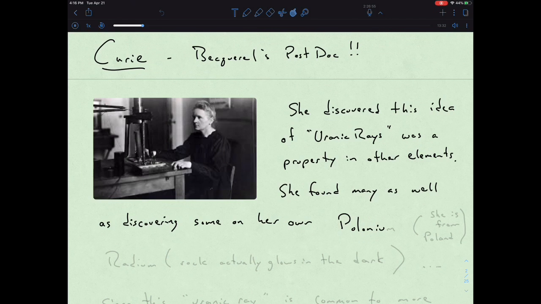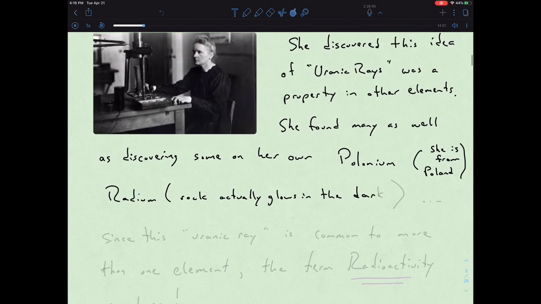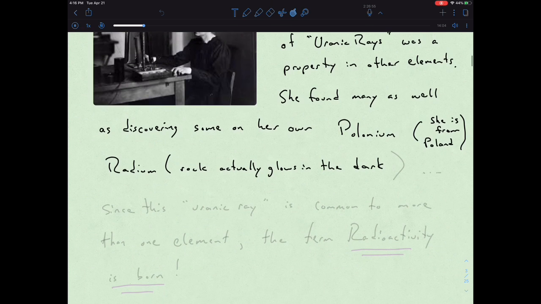Polonium's name comes from that she is from Poland. Another one is radium. This rock actually glows in the dark. Something very menacing about that idea.